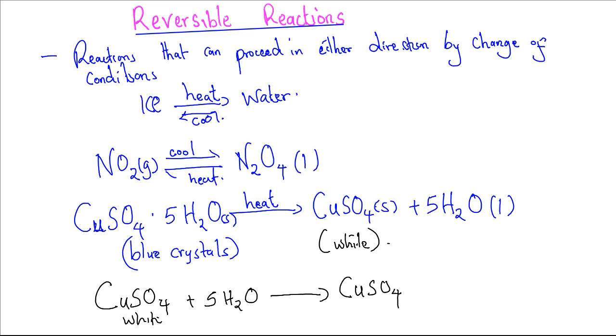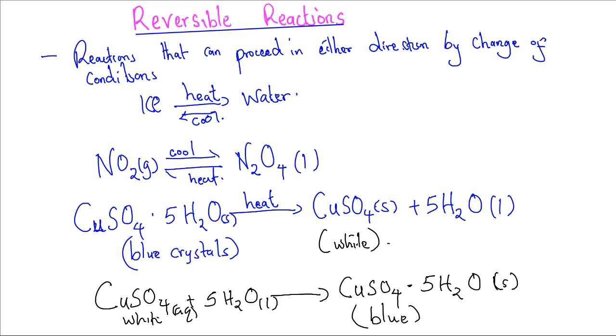Remember, this condition is not reversed by cooling. It is simply adding water to the anhydrous, and that gives hydrated copper 2 sulfate, which is solid and blue in color. So that is a good example of a reversible reaction.